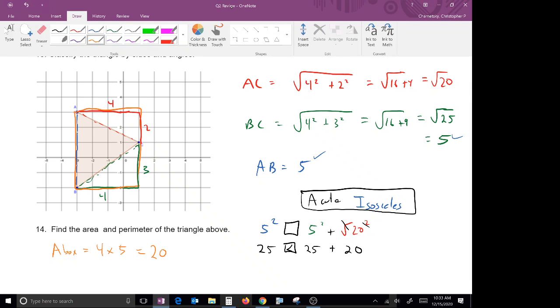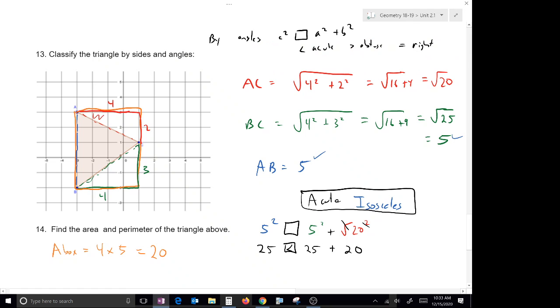And then from that, I'm going to subtract out this red triangle, which is going to be 1/2 times 4 times 2. 4 times 2 is 8, divided by 2 is 4, so that's going to be an area of 4.